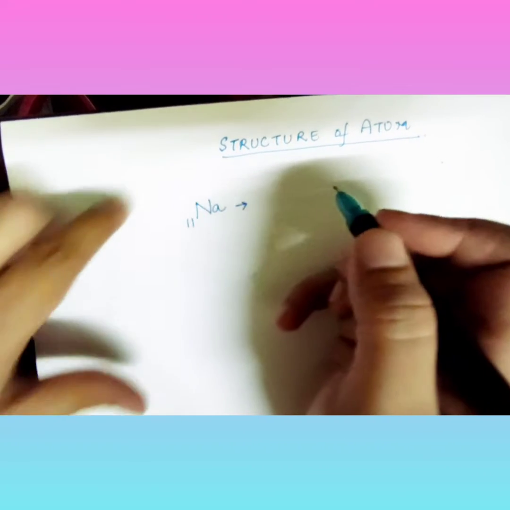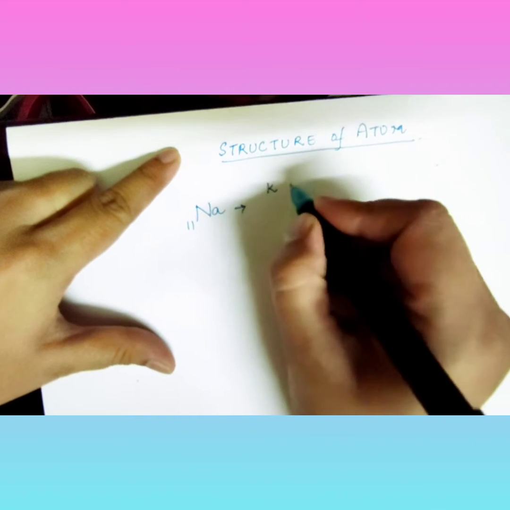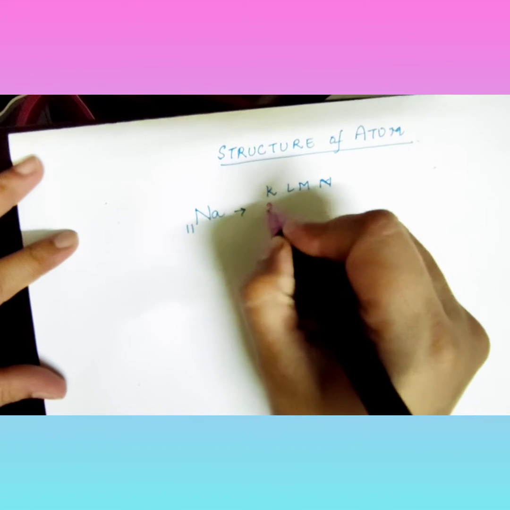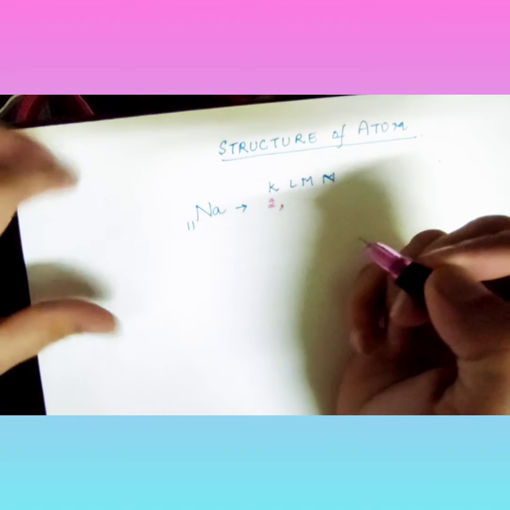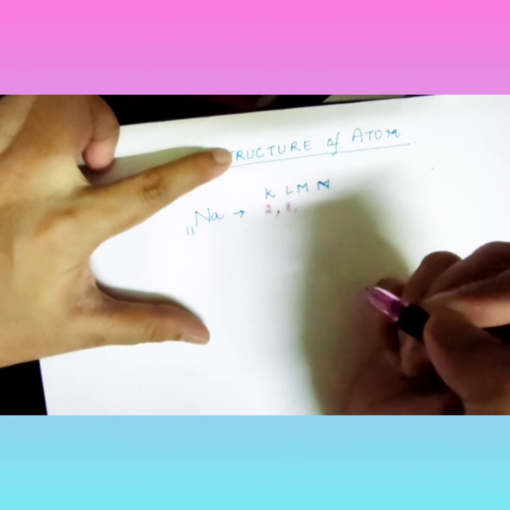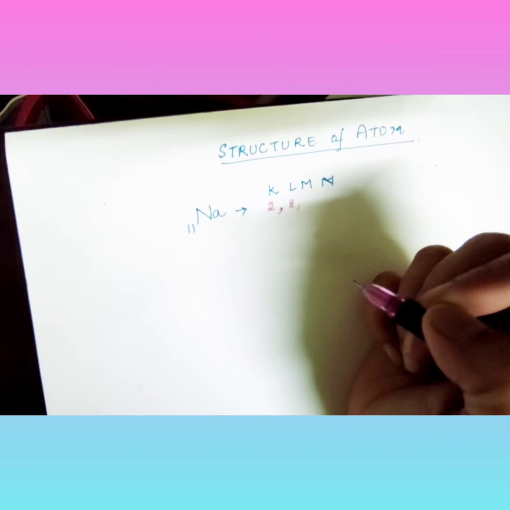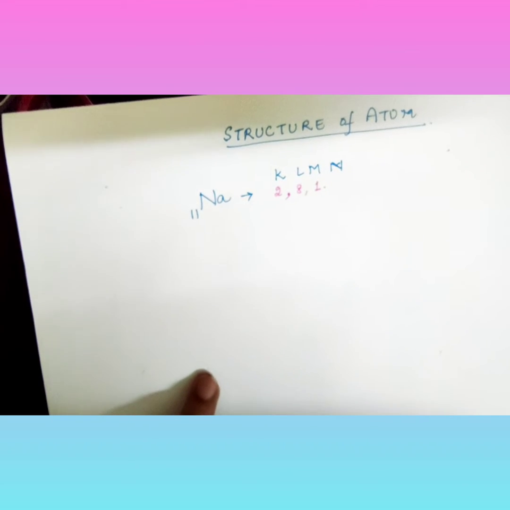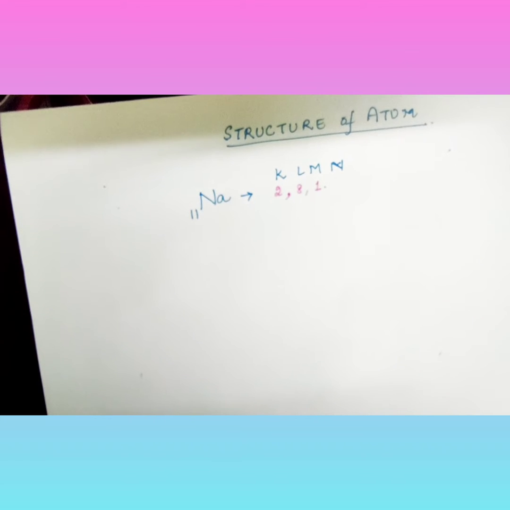If we try to write its electronic configuration, if we try to fill these electrons into the different shells like K, L, M, N, then we will be filling 2 electrons in the K shell, 8 electrons will go to the L shell, and the last 1 electron will go to the M shell. That means the valency of sodium is 1. Sodium atom has only 1 electron in its outermost shell.